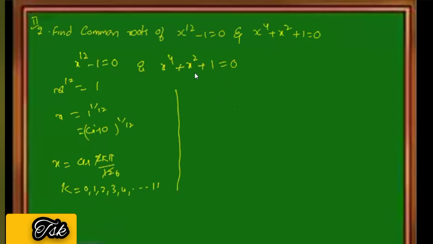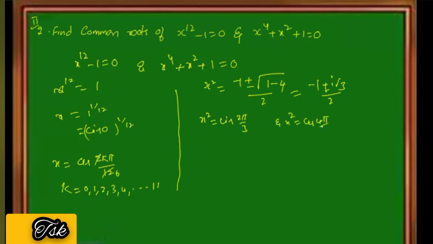Treating it as a quadratic in x^2, x^2 = (-b ± √(b^2 - 4ac))/2, which is nothing but (-1 ± i√3)/2. So x^2 can be written as cis 2π/3 or x^2 = cis 4π/3. Then x = (cis 2π/3)^(1/2) and x = (cis 4π/3)^(1/2).